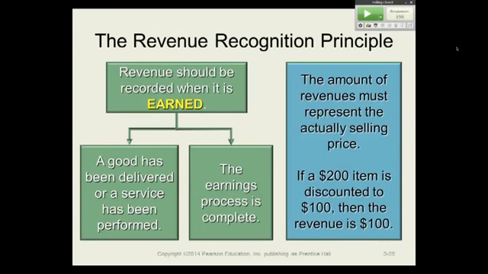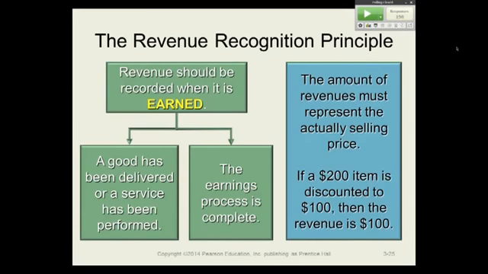Remember, we use the historical cost concept, or transactions concept, so it's typically the price you pay at the point of the transaction. That's the value of the services. So if a $200 item is discounted to $100, even though the catalog price says $200, it is the transaction price that you would record.